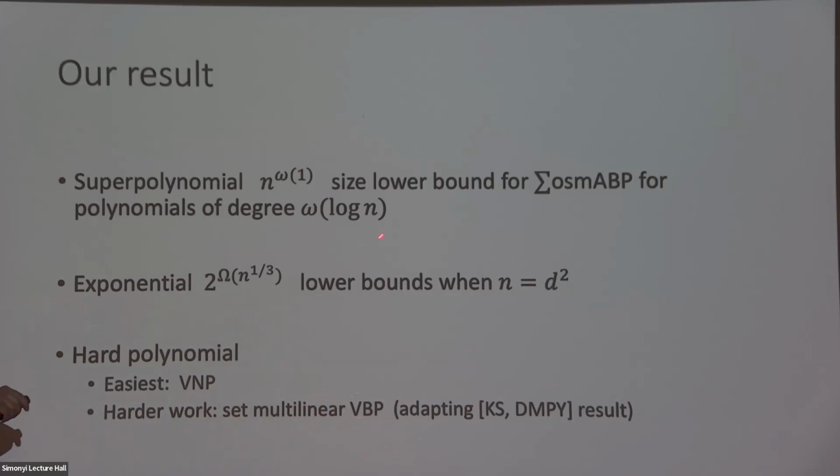So if you want to go to degree less than log n over log n, this cannot be the hard polynomial. But for degrees here, we are able to make the hard polynomial computable by a branching program, in fact, a set multilinear branching program.